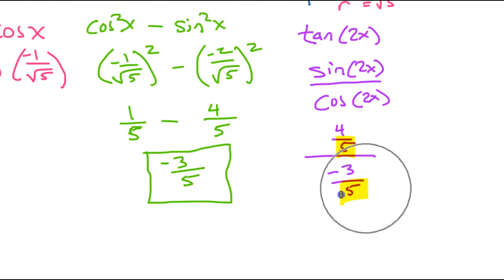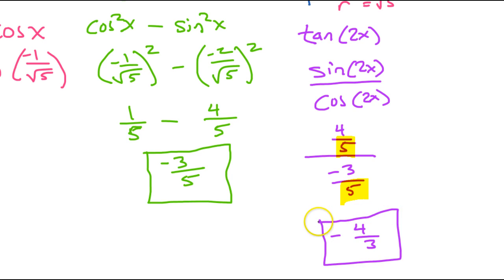I've got 5 and 5. Those are going to cancel each other out. So that's just going to leave me with negative 4 over 3. Once the 5s are gone, this is simply negative 4/3. So that is the quickest way to do the tangent of 2x.